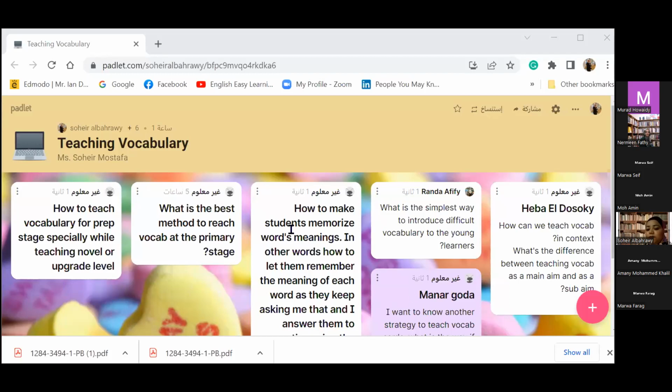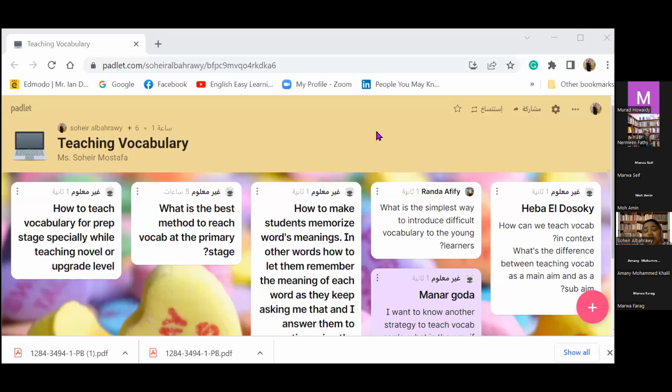Sorry, Ms. Sohair, we have a question in the chat box. If I don't have much time to practice these techniques, what can I do? You need to practice vocab. You need to present the new vocab and practice it. You cannot neglect practicing vocab. Vocab is the main core.